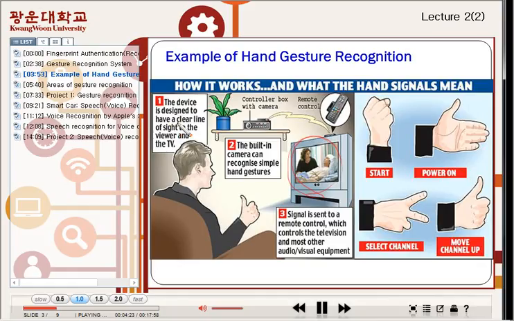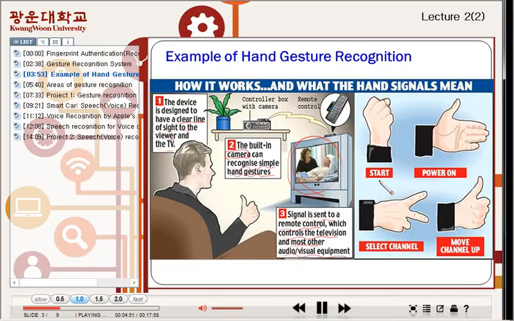It's a clear line of sight between the viewer and the TV, so that there is no obstacle between them. And second, the built-in camera can recognize simple hand gestures. The TV set signal is sent to a remote control, which controls the television and most other audiovisual equipment.